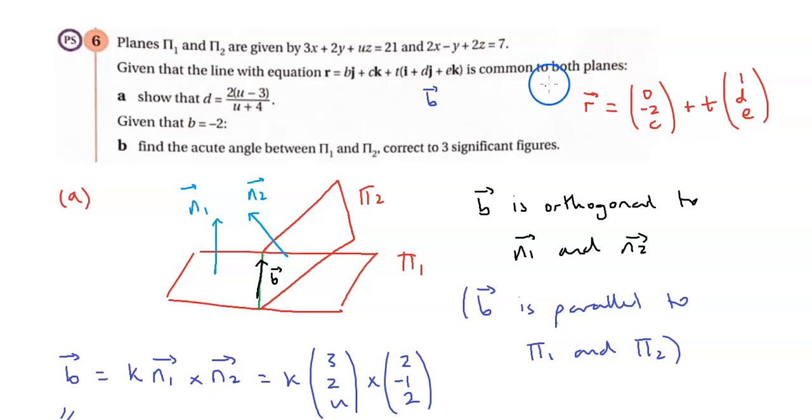So we know this line is in both planes, which means all the points on this line are in both planes, which means that the point when t is equal to 0, which is (0, -2, c), let's call it the point P, is in both planes.